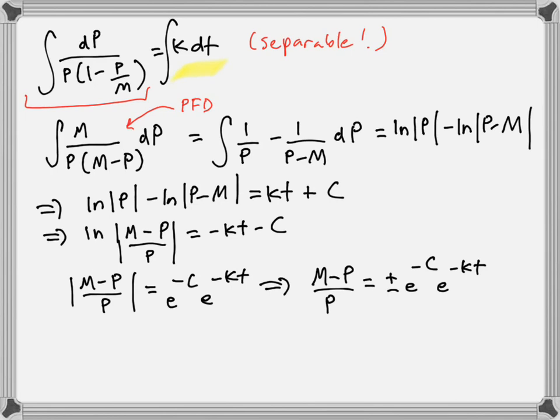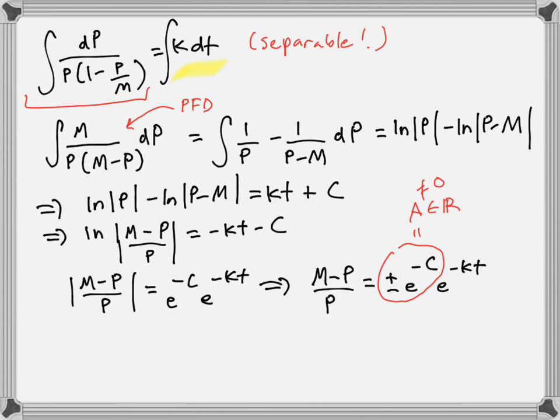Now, for simplicity, we're going to call this guy A. Notice that A could be any real number except for 0, because e to the C can never be 0. So I'll just say it's A, which is any real number, but also A is not equal to 0.